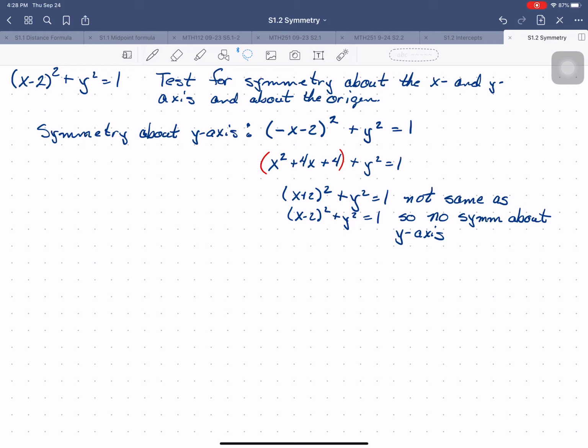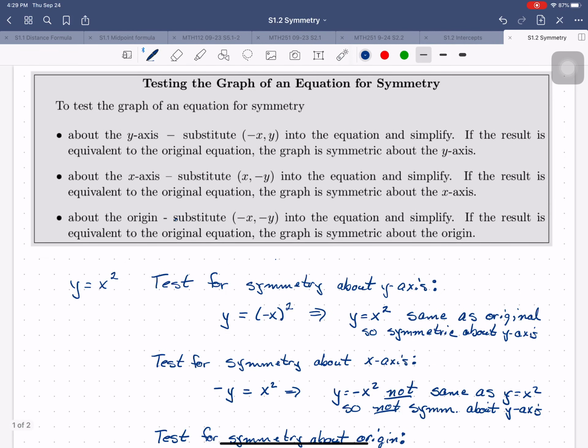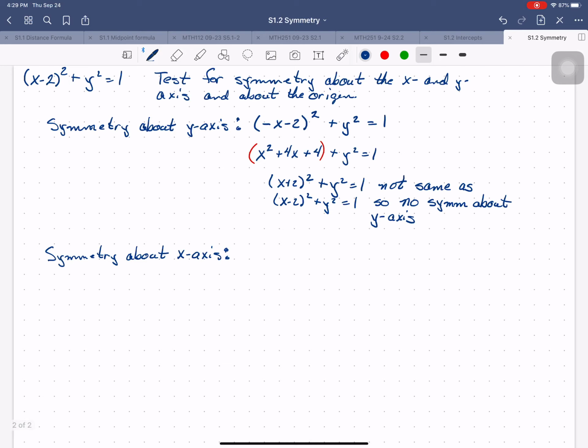Let's test for symmetry about the x-axis. So my box tells me that to test for symmetry about the x-axis, I want to leave my x's as x's and plug in negative y instead of y. So I'm going to test to see if x minus 2 squared plus negative y squared equals 1.